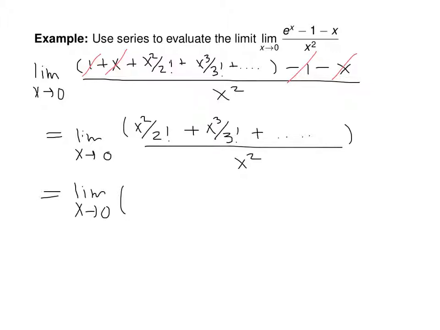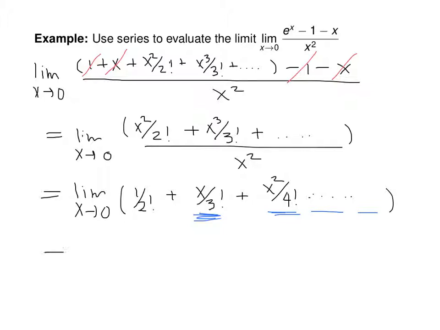We'll have 1 over 2 factorial plus x over 3 factorial. Next we would have x squared over 4 factorial. So every single term past this point has an x. So now we can input x equals 0 into all these terms, and every single term will be 0, except for the 1 over 2 factorial, which is 1/2. So that limit is 1/2.